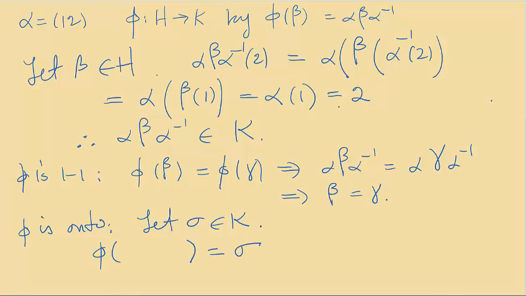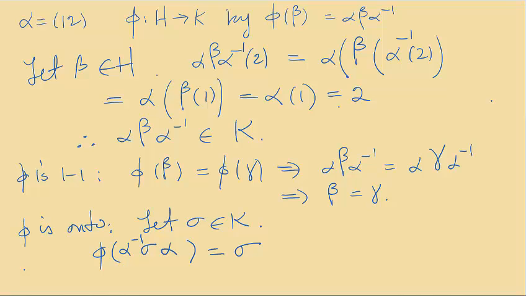Well, phi conjugates by alpha, multiplying on the left by alpha and on the right by alpha inverse, so it would be phi of alpha inverse sigma alpha. And that gives us sigma. You see for yourself. You multiply on the right by alpha inverse and on the left by alpha, and you get sigma. Or we could say you conjugate by alpha and you get sigma.